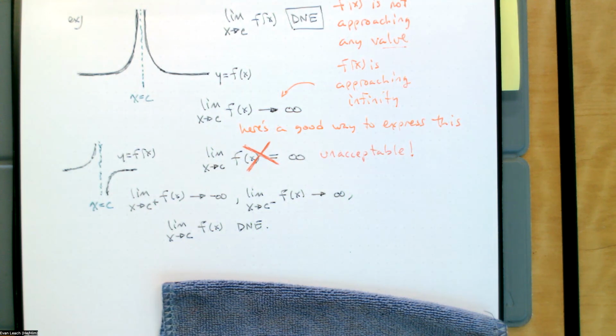I can't say that it's approaching some value because it doesn't mean anything to say within epsilon units of infinity. That doesn't make any sense at all.